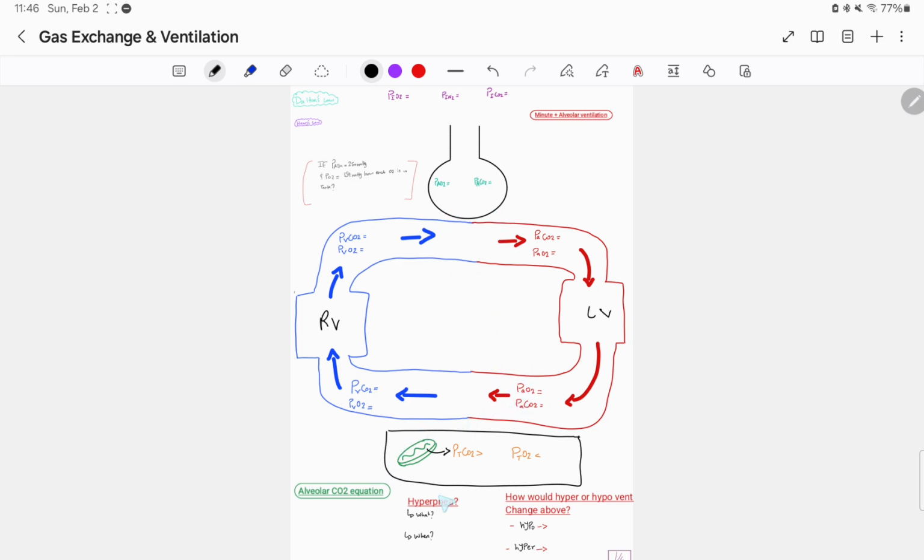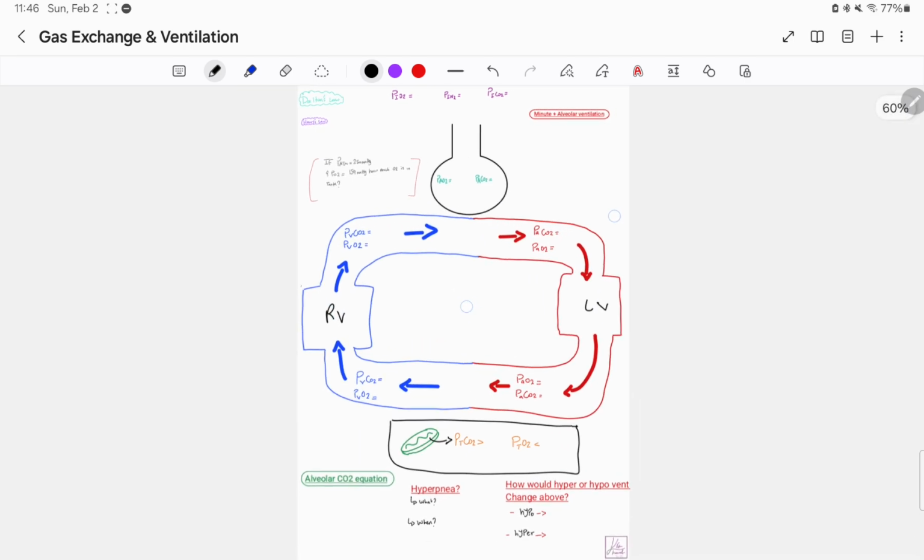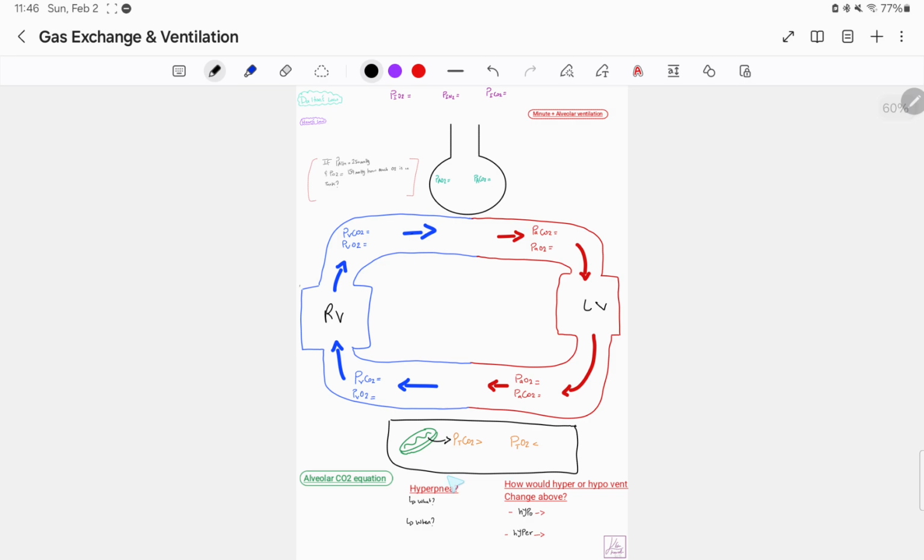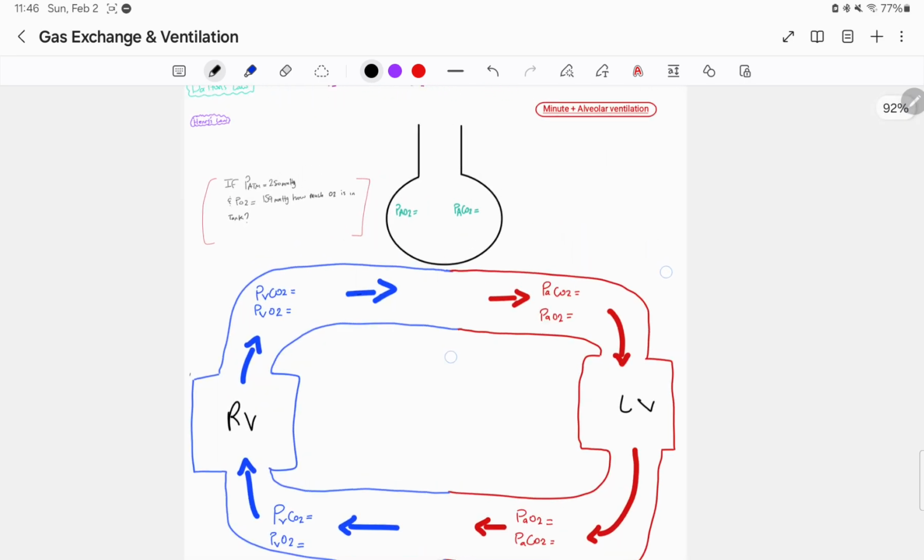Then it goes to the level of the tissues and circulates back to the right ventricle, which then pumps it through the pulmonary arteries to exchange gas with the alveoli, and then the cycle repeats. That's what we're going to be looking at, and then we'll talk about how things can change in hyperpnea, hyperventilation, hypoventilation, and all of that.